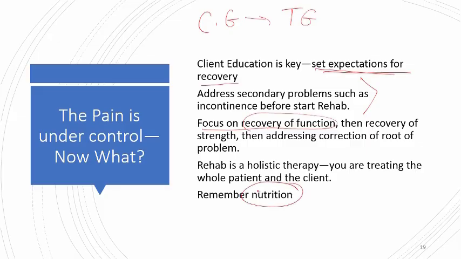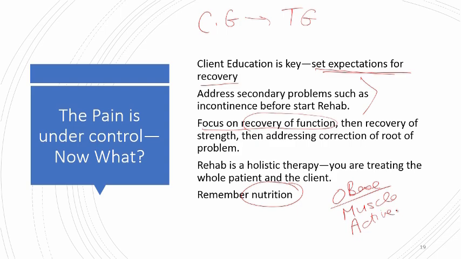I have a nutrition discussion with every single client because most of these dogs are obese, and we will talk about obesity in one of our later modules. Most of them are obese, and they need to build muscle, and they're not active now, especially if we're cage resting them.